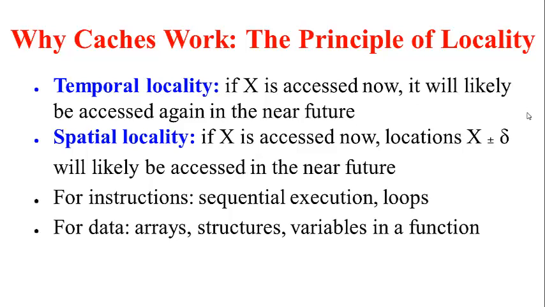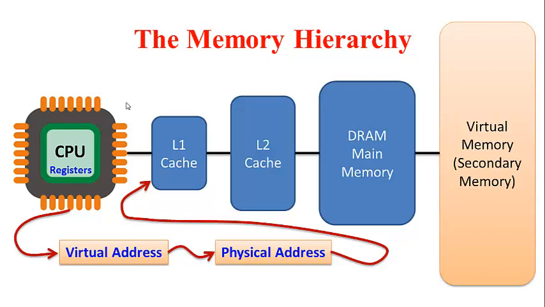So, typical programs have very good temporal and spatial locality for instructions as well as data, and this is the primary reason why caches work. So here is a diagram depicting the memory system as a hierarchy of caches. Although we talked earlier about only one cache between the processor and the main memory, typically today you have at least 2 levels of cache, and in many computers even 3 levels of cache between the CPU and the main memory.